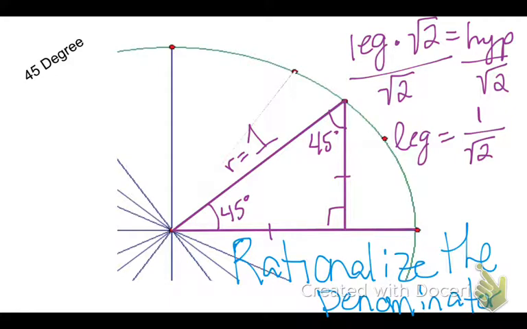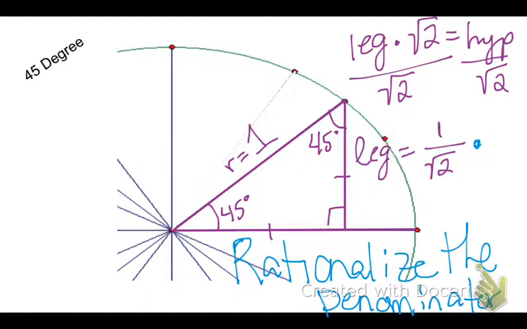That simply means we're going to multiply the numerator and the denominator by the square root of 2.